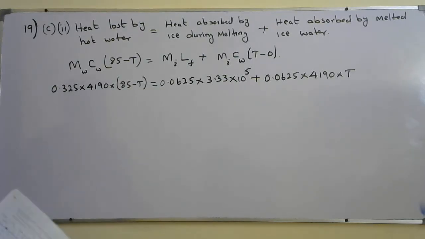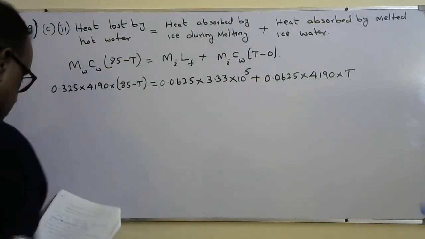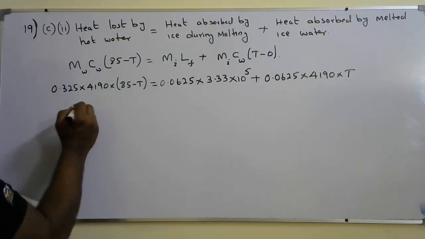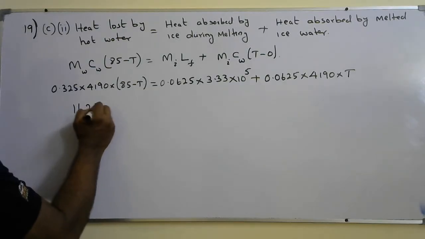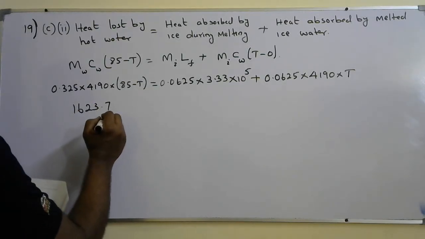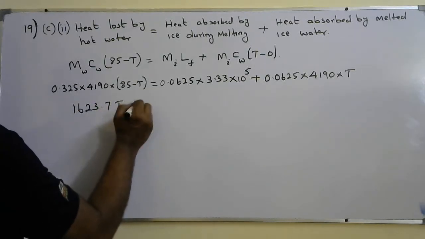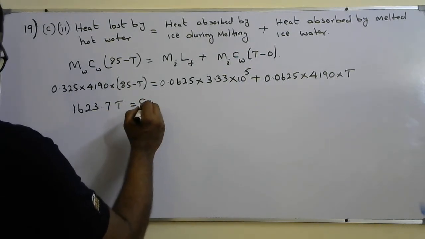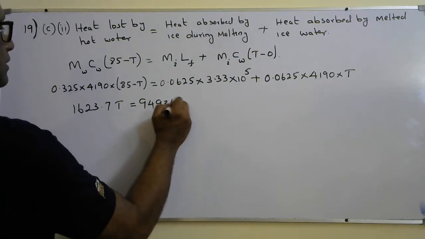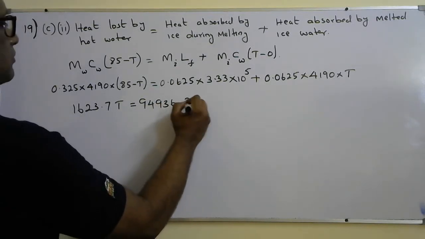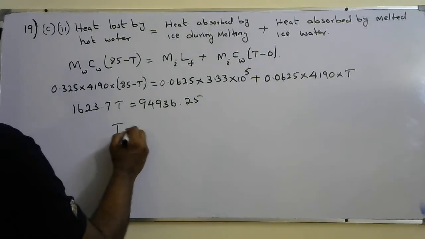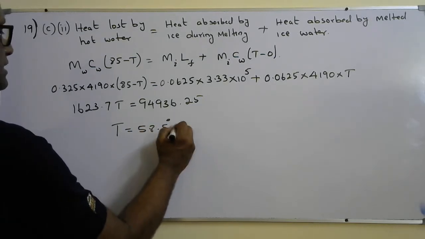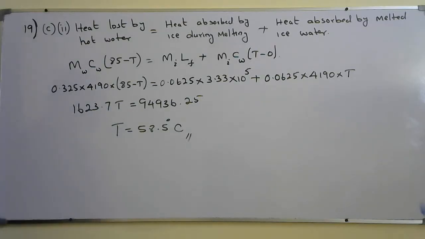So solve it, you know how to multiply inside and bring everything. No marks for those step by step. So finally you will get 1623.7 T equal 94936.25. So T becomes 58.5 degrees Celsius. That's the final steady temperature.